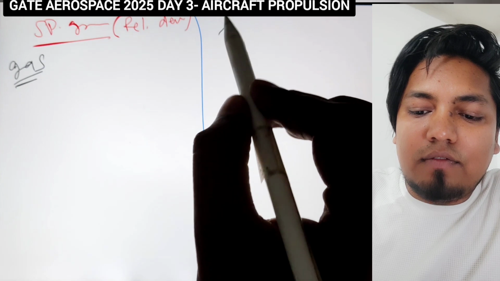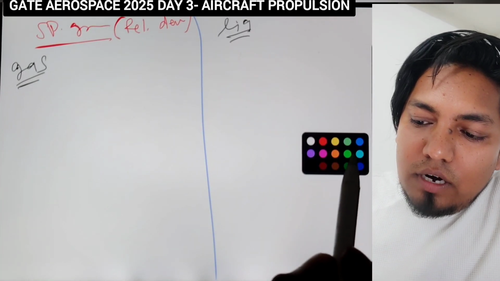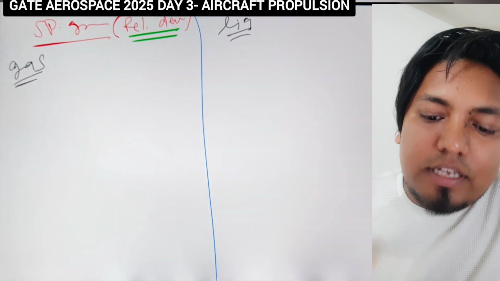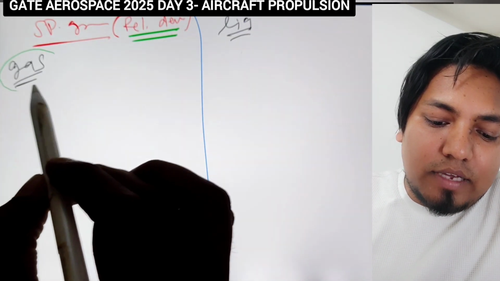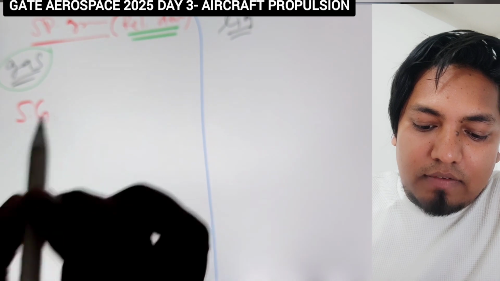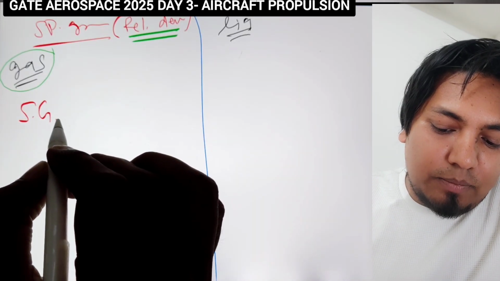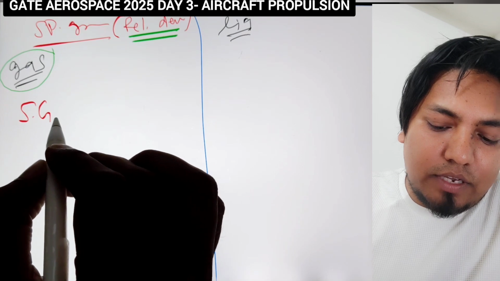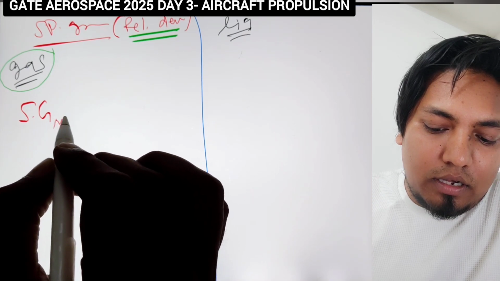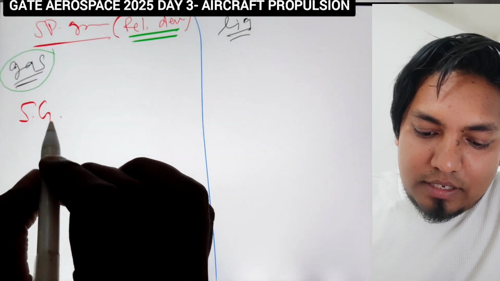Specific gravity is also known as relative density, and for gases and for liquids, they are different. What is the meaning of this? The word is here, relative density. In case of gases, if you want to find the specific gravity S g, suppose you are looking for a gas, take CO2.